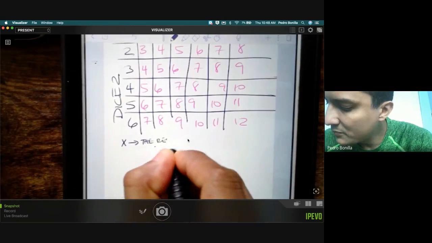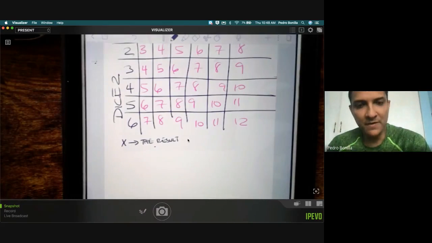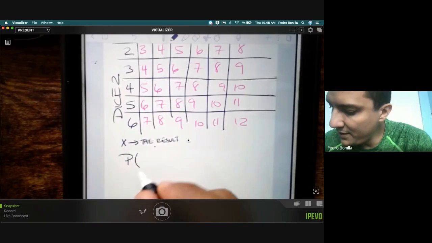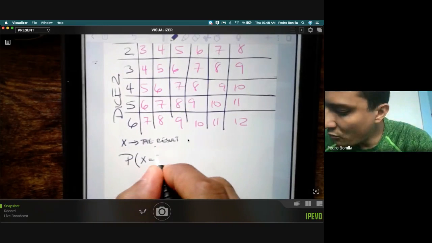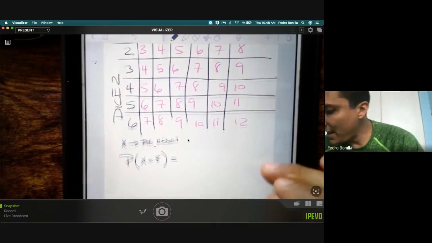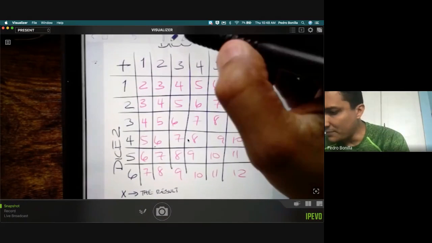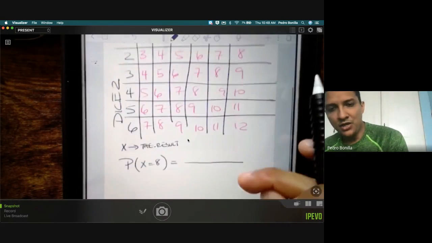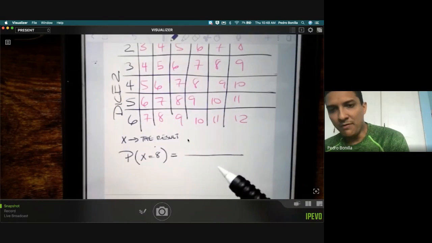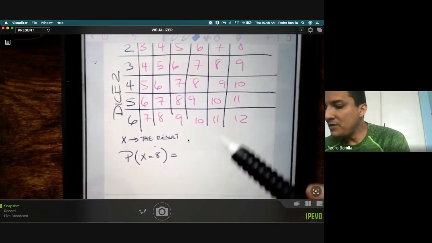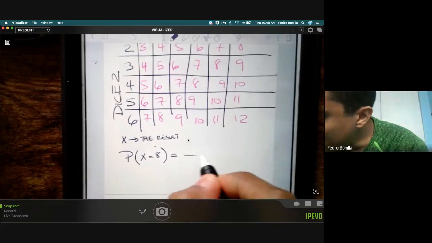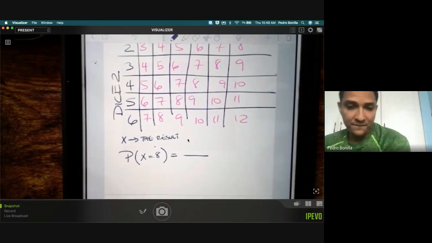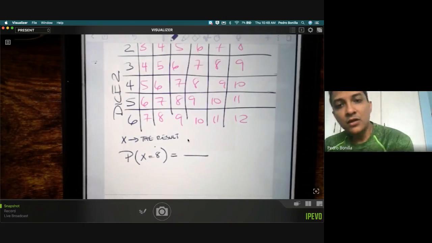So the probability that the result equals 8 is going to be, and now we need to see the sample space diagram. Remember that in probability, the numerator is in how many ways the event of getting as a result 8 could happen.